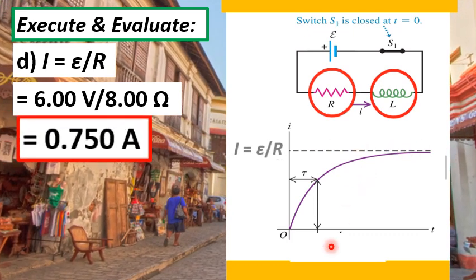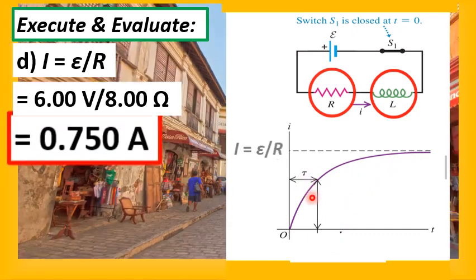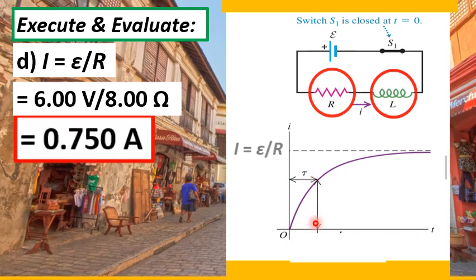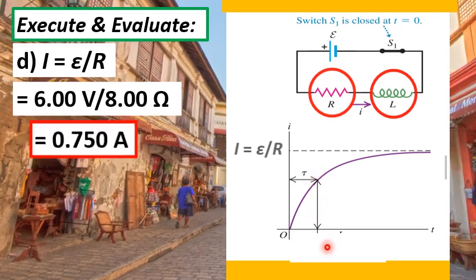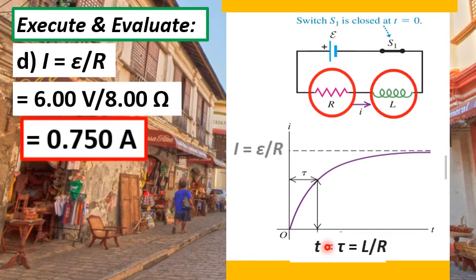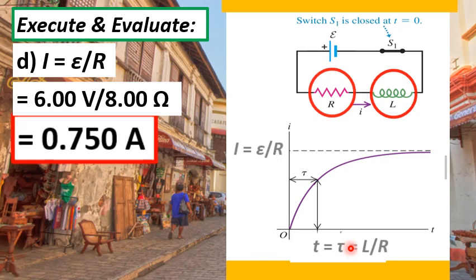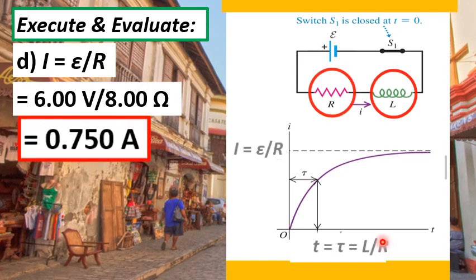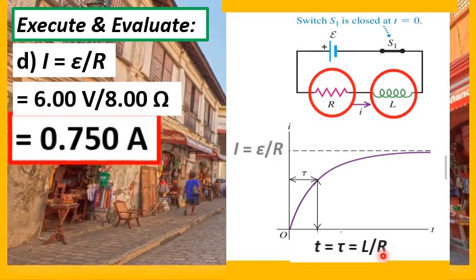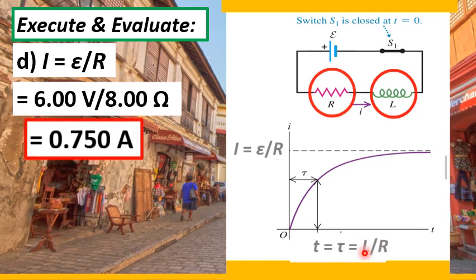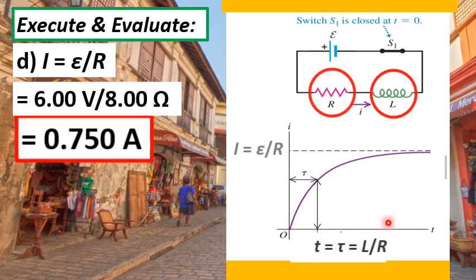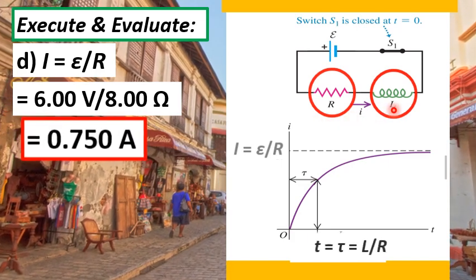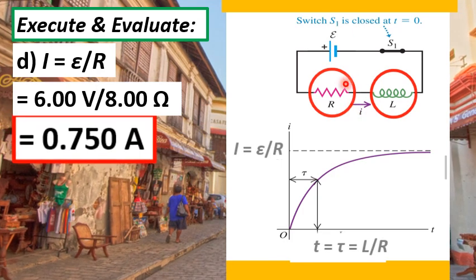And at a certain time, which we call the time constant, denoted by the Greek letter tau, where the time constant tau is just equal to the ratio of the inductance capital L over the resistance big R, that is the formula for getting the time constant in an inductor resistor series circuit such as this.